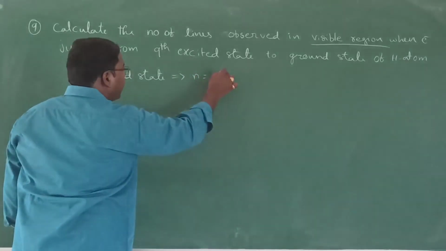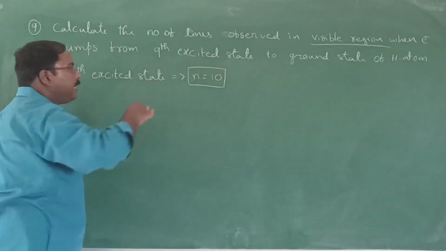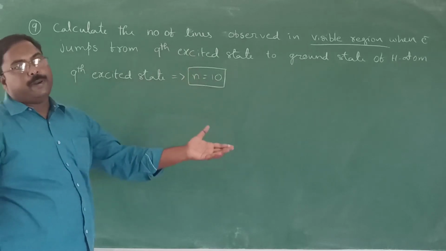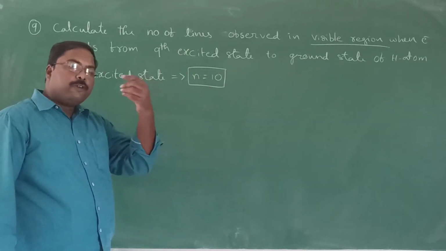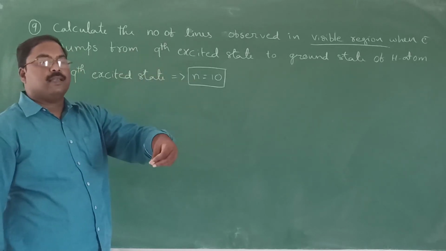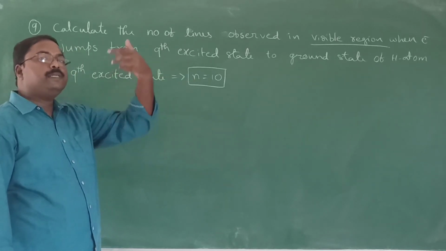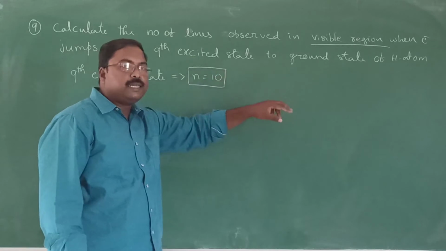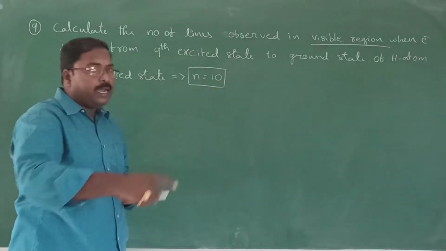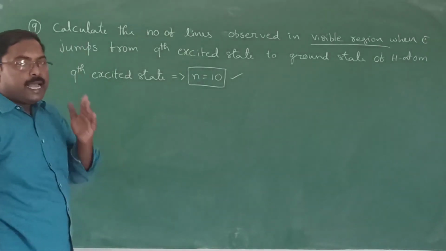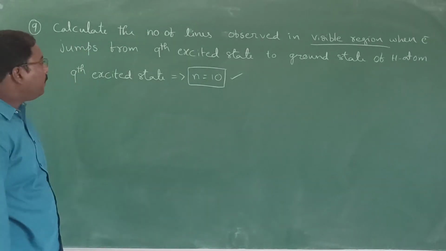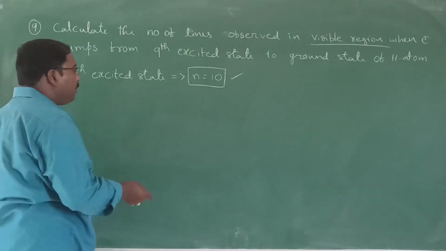It is very clear. Ninth excited state means 10th orbit. First excited state means 2nd, fifth excited state means 6th, eighth excited state means 9th. So ninth excited state means the electron is in the 10th orbit. So very clear, the higher energy level is 10th orbit. What about the lower energy level?